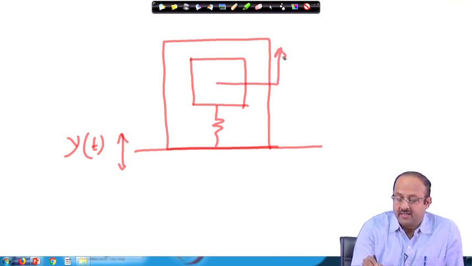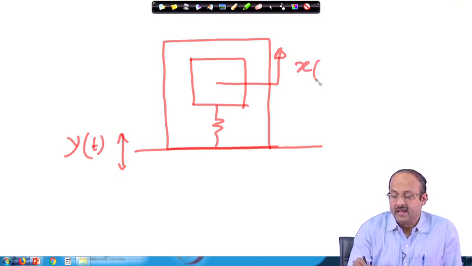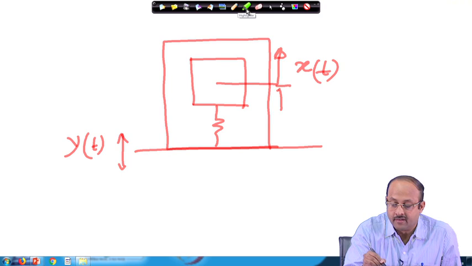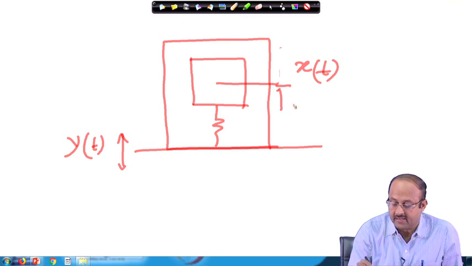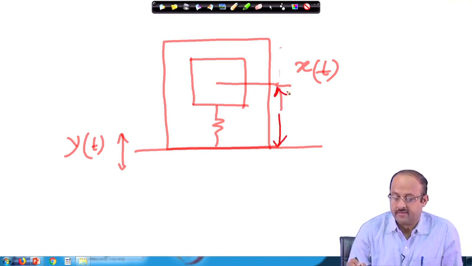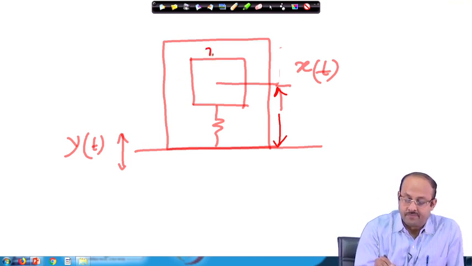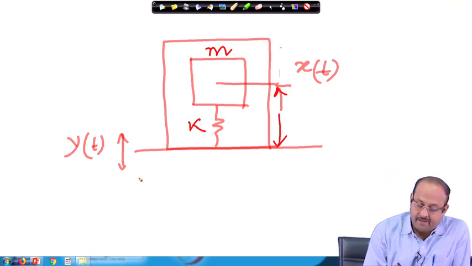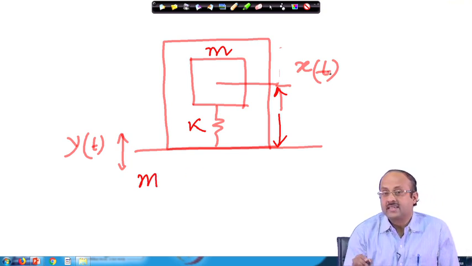So, here if I consider x t, suppose this x t I measure not from here, but let us say this is our x t, measured from the base. Then the equation of motion will be m times the absolute acceleration of this body.